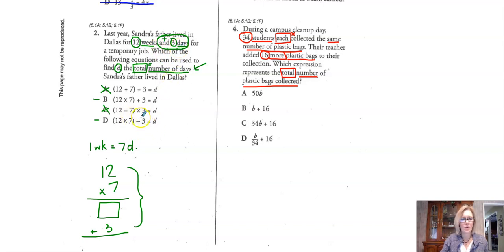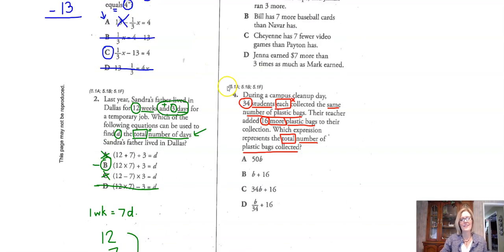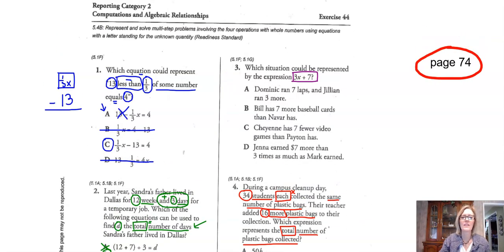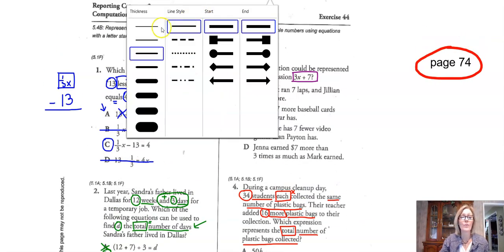We're not going to subtract 3. We were thinking right, we needed to add 3 to the 12 weeks. All right, so we didn't need that one either. This is the answer. All right, let's go back up and look at number 3 now.